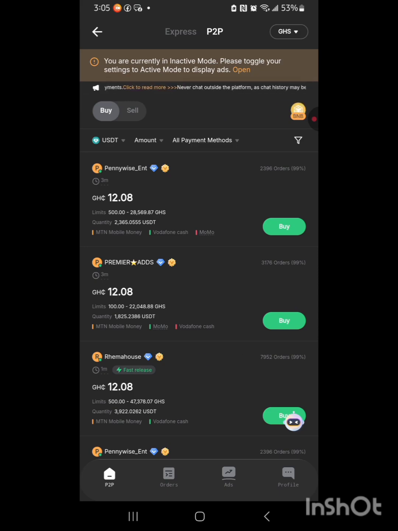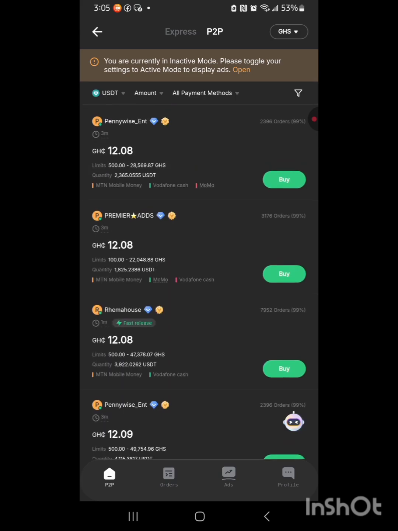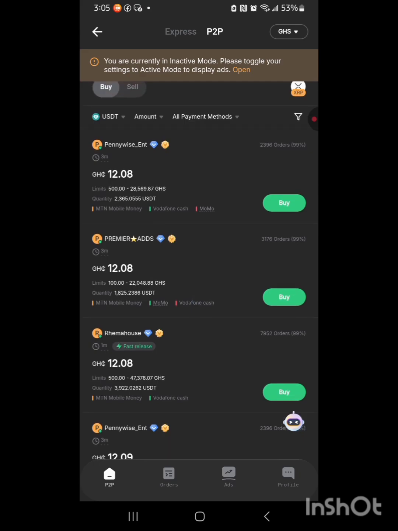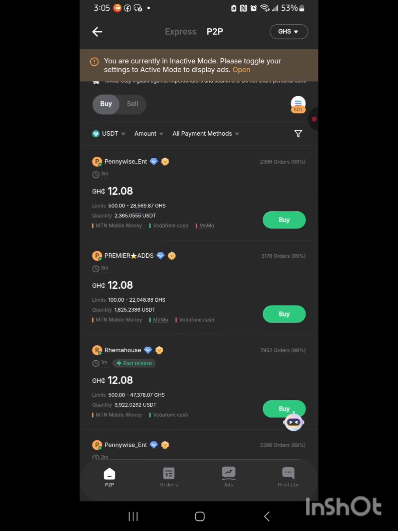First, you can see the Ghana cedis is currently trading at 12.08, which means 1 USDT to Ghana cedis on this Bybit P2P is at 12.08.